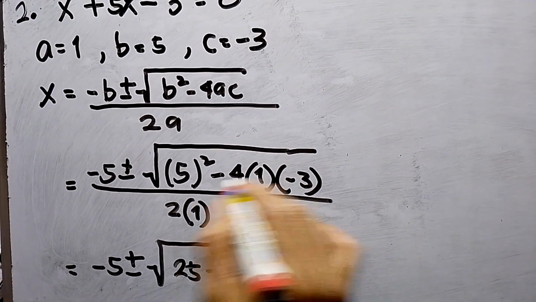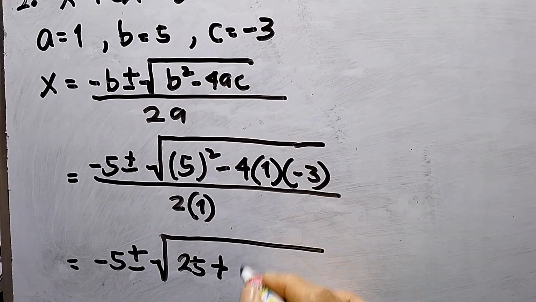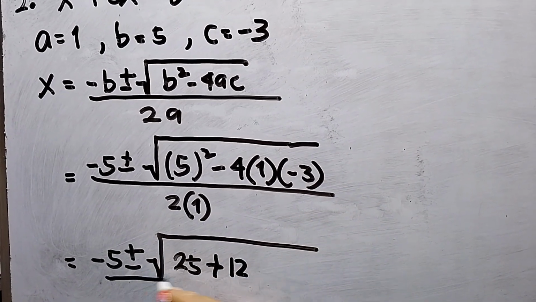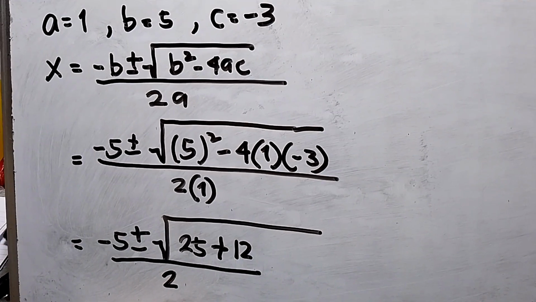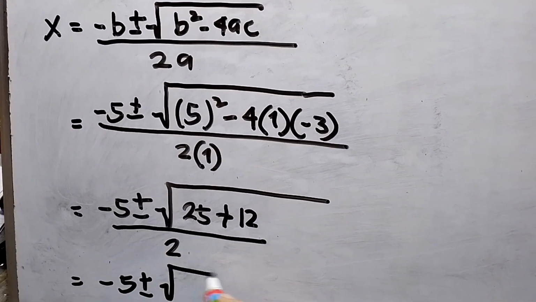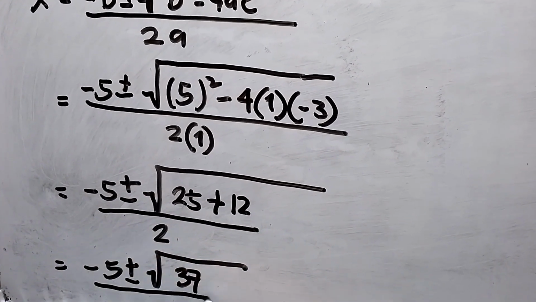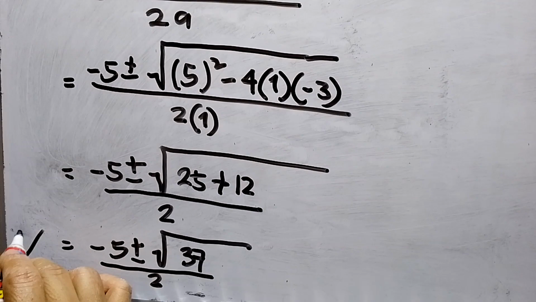Minus, minus, this will be plus. 4 times 1 is 4 times 3. That will be 12 over 2. So this will be minus 5 plus and minus square root of 37 over 2. So this is my x.